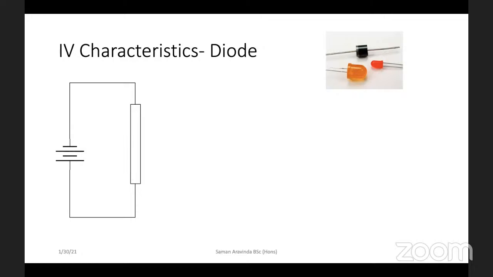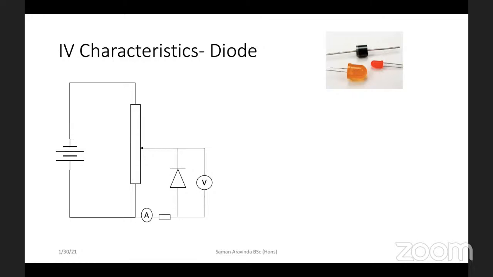If you have a large current, the diode can explode. To avoid that, we have a safety resistor connected along with it, so that there will be no large currents through the diode.